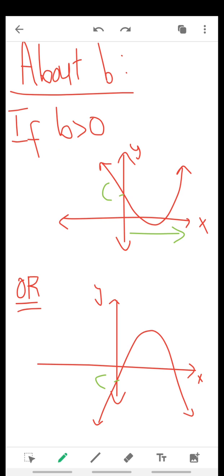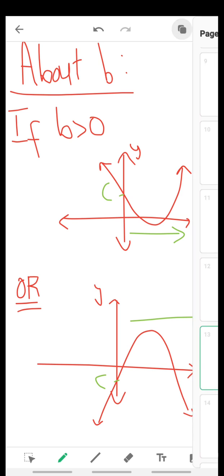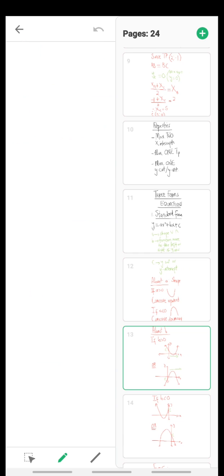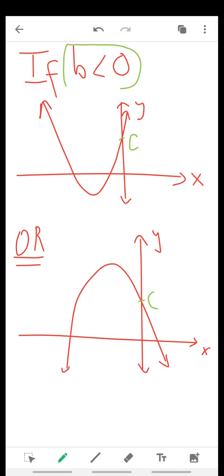The other case that you may get is where A is positive and we see a smile, or A is negative and we see a frown, but we are still more to the right hand side. Then we may also get the case where B is negative. If the value of B is negative, what does that mean?